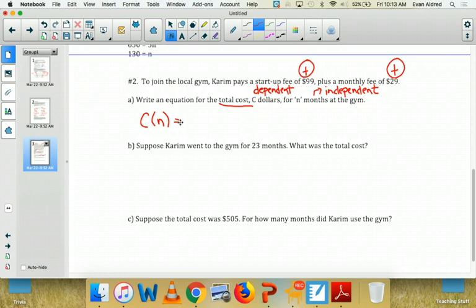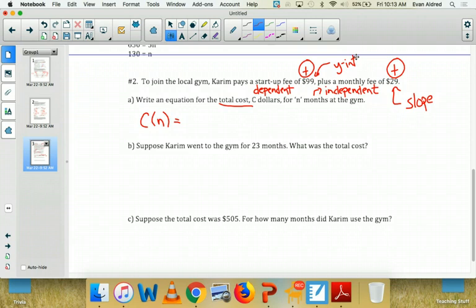So our C at n, our cost at a certain number of months, is equal to, well, the change is every month we add $29. So that's changing every month. If we sign up and don't go at all, we still have to pay this $99 startup fee.